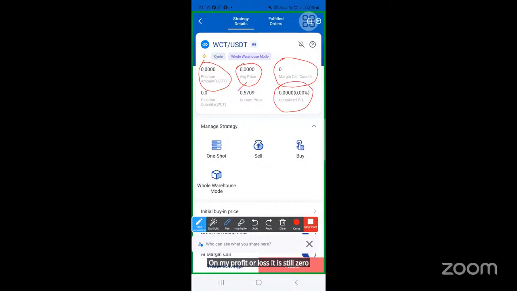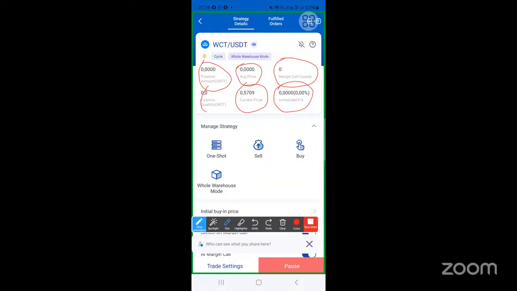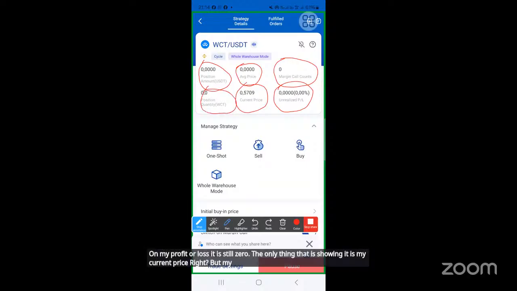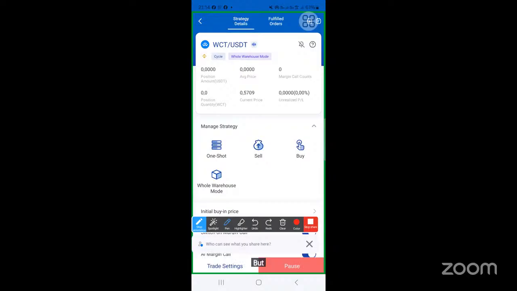The only thing that is showing is my current price, right? But my position quantity, position amount, average price, all of them are 00 because my robot has not bought this coin. But currently, it is monitoring.